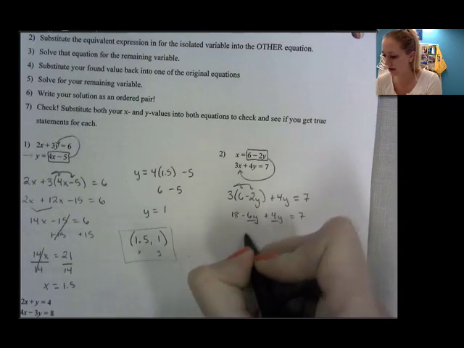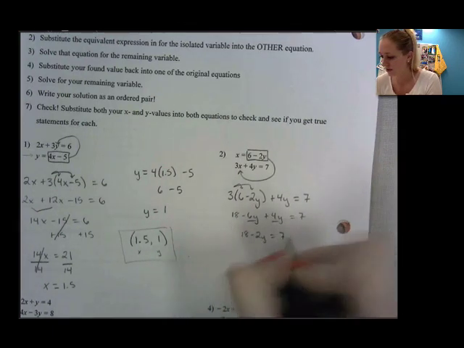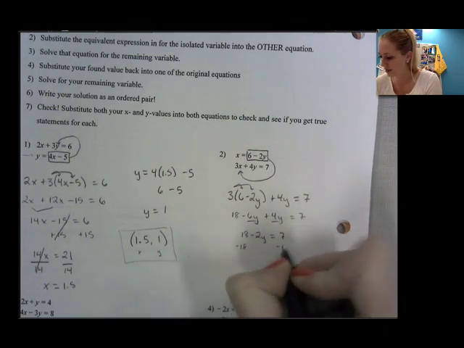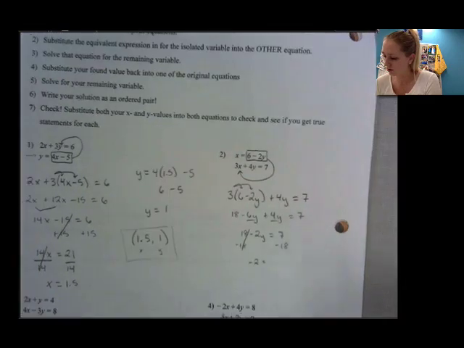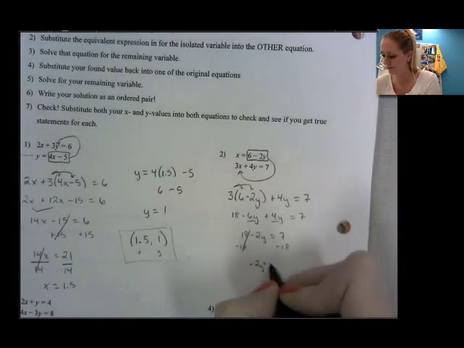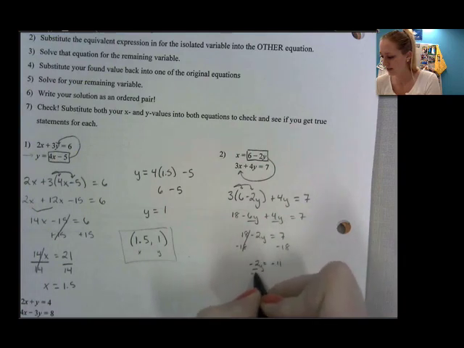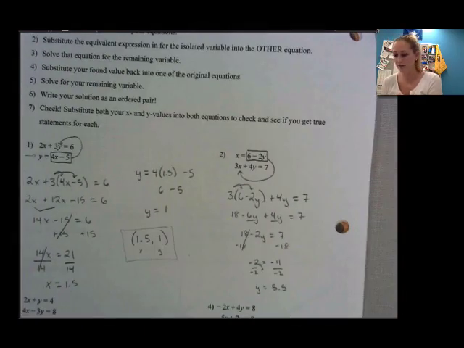Negative 6y and 4y is negative 2y. Subtract 18. So I have negative 2y equals negative 11. Divide by negative 2. So y equals 5.5 when I do that division.